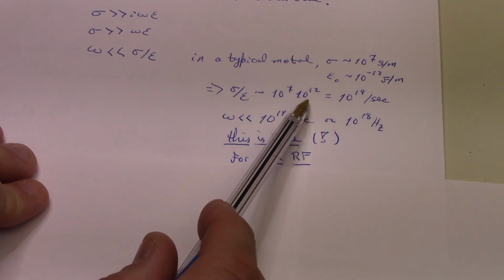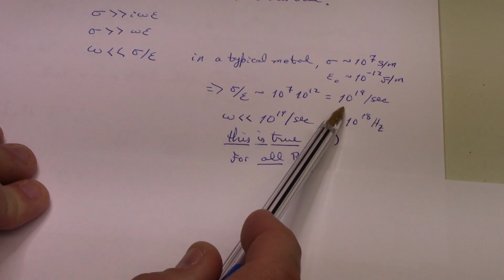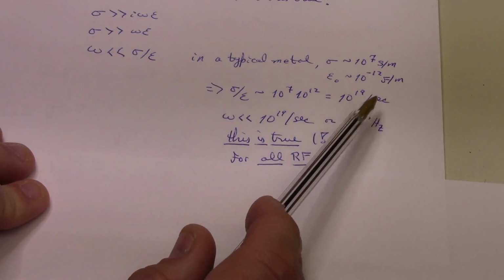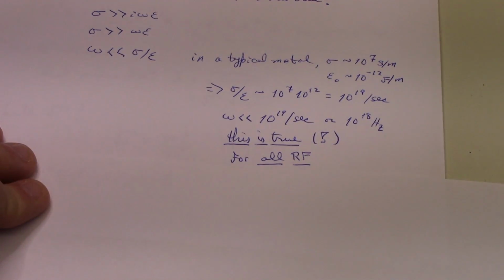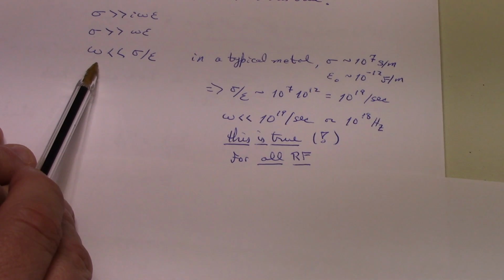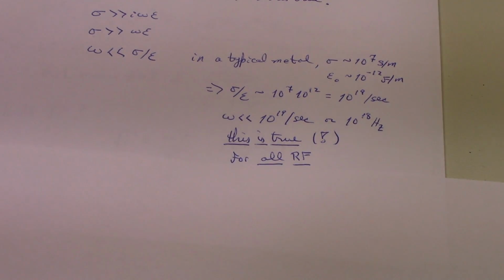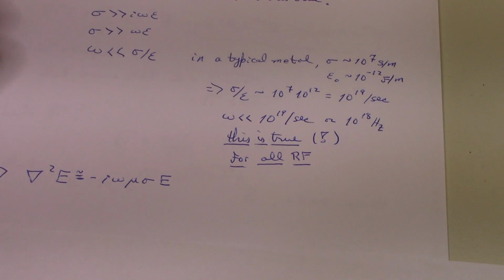When you divide those through, you end up with omega having to be less than about 10 to the 19 radians per second, which is roughly 10 to the 18 hertz. Our frequencies of interest will always be less than that, so this is an absolutely fine approximation to make for all radio frequencies.